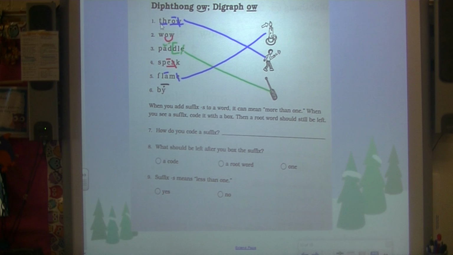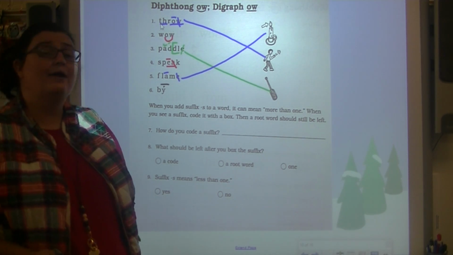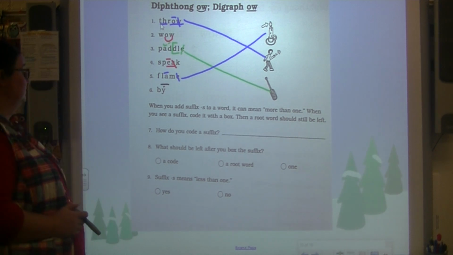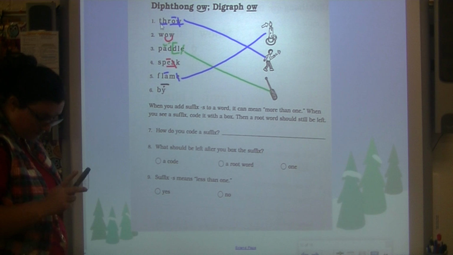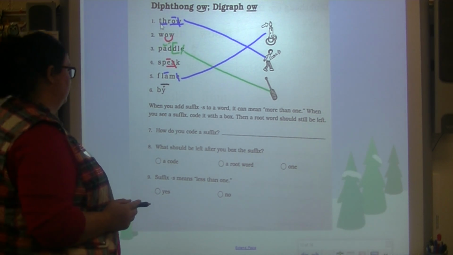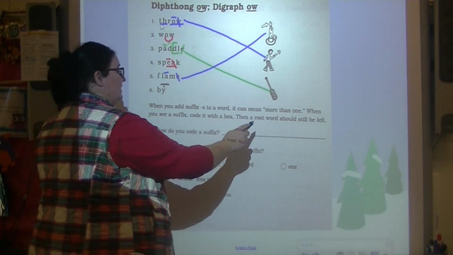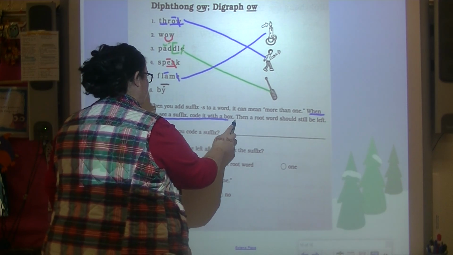How do you code a suffix? Underline the sentence that tells you and write it on the line. And it says when you see a suffix, code it with a box.